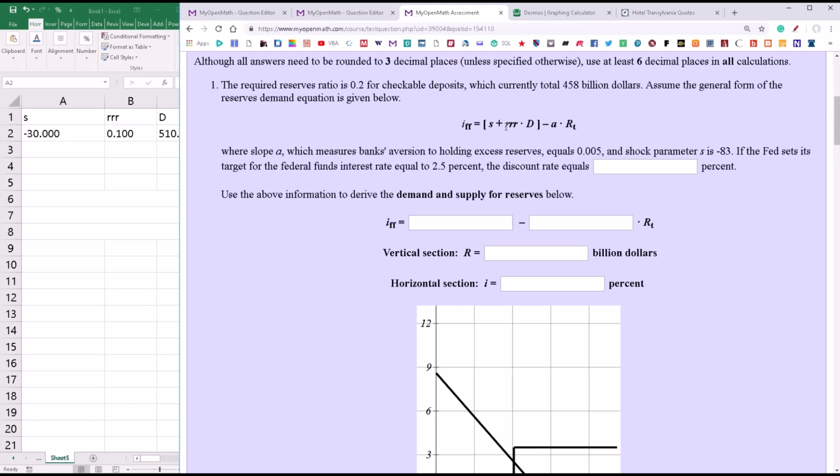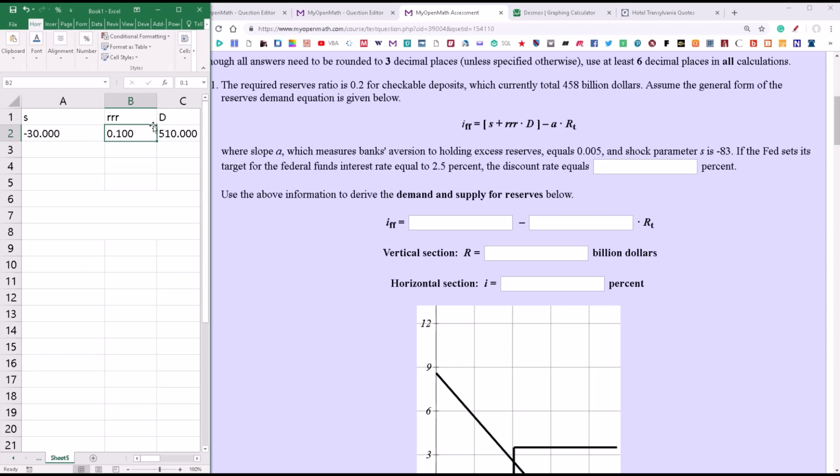We have to derive our demand curve for reserves. Here the reserve required ratio is 0.2. Demand deposits, checkable deposits total to 458 billion. And the shock parameter is 0.83 or minus 83.